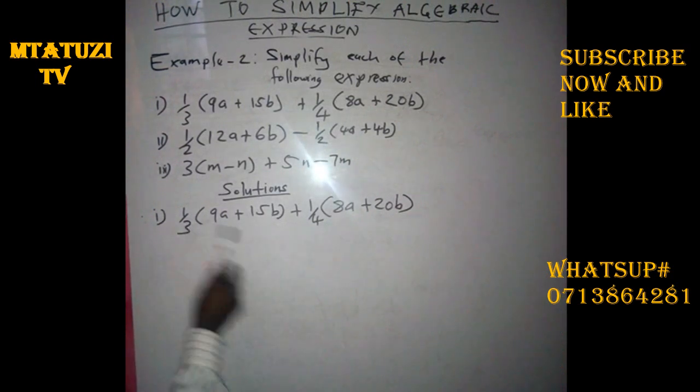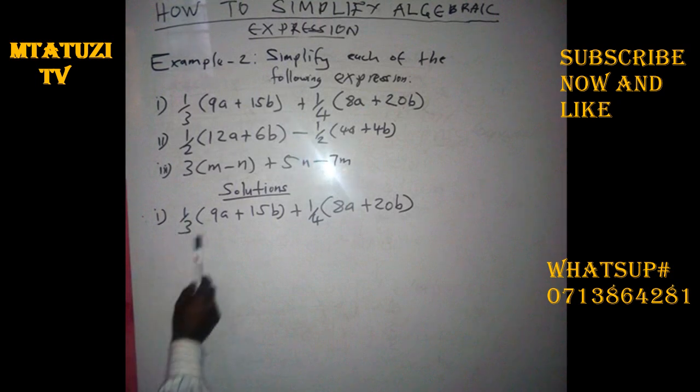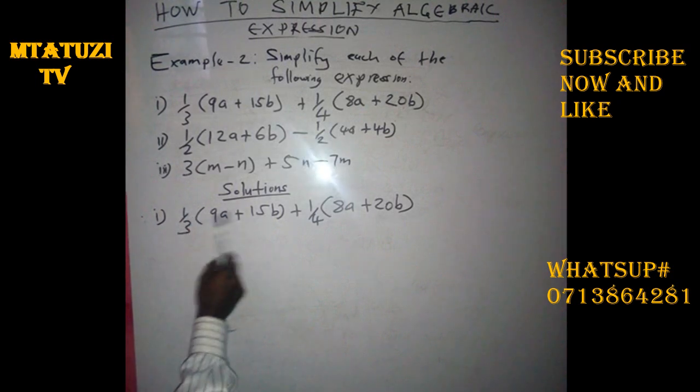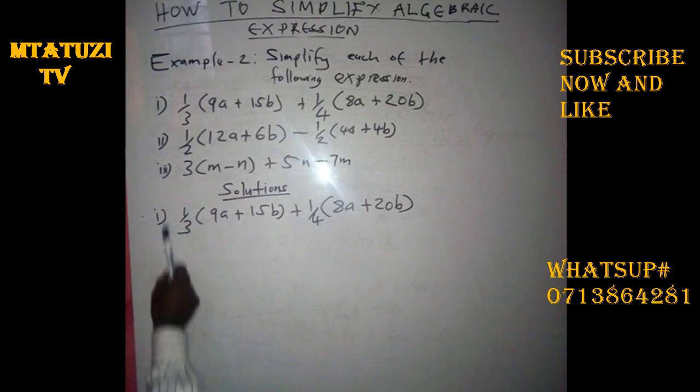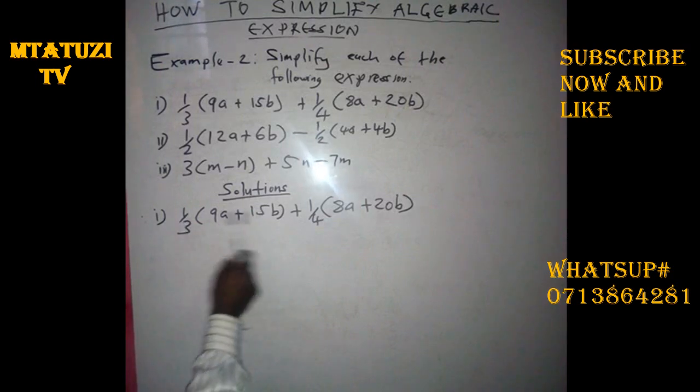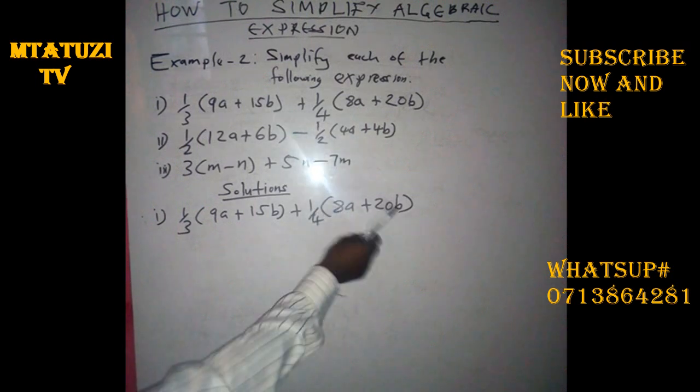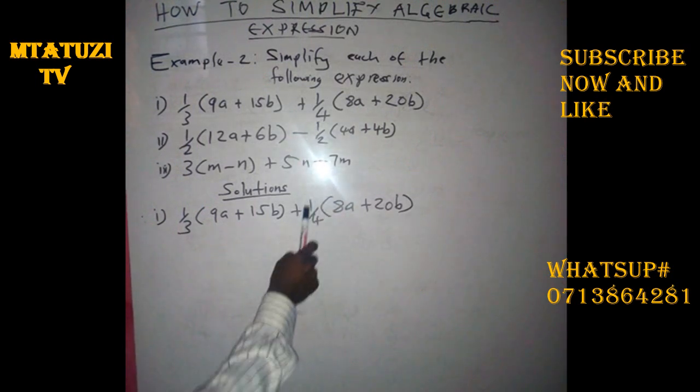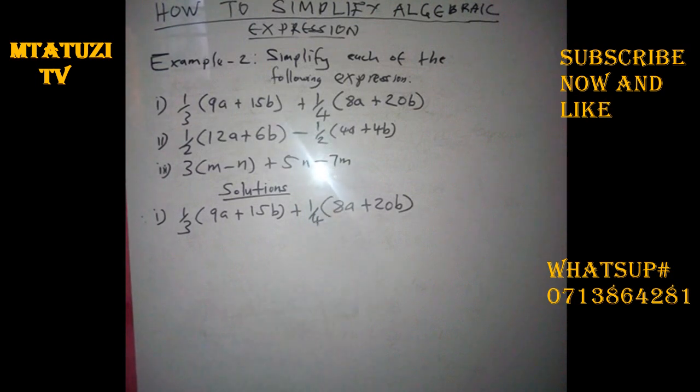How do we open the bracket? By taking this fraction and multiplying by each term inside the bracket. We take 1/3 and multiply by each term in the bracket, and also we open this bracket by taking 1/4 and multiplying by each term in the bracket.